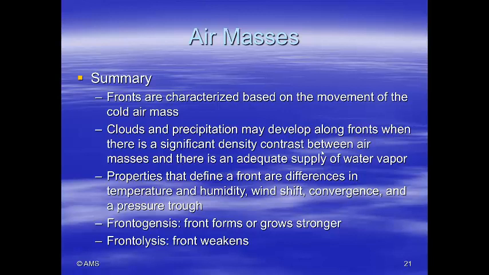The properties that define a front are differences in temperature and humidity, wind shift, convergence, and a pressure trough. Frontogenesis is when the front is being formed or grows stronger, and frontolysis is when the front weakens.